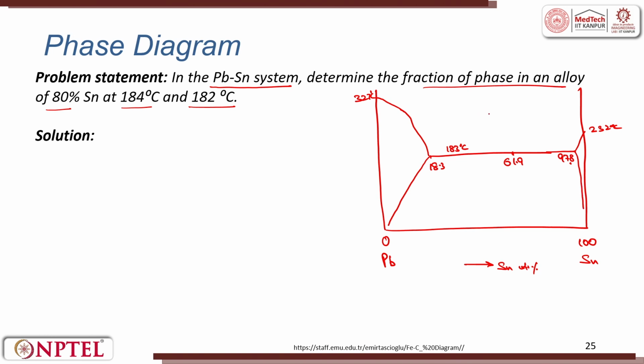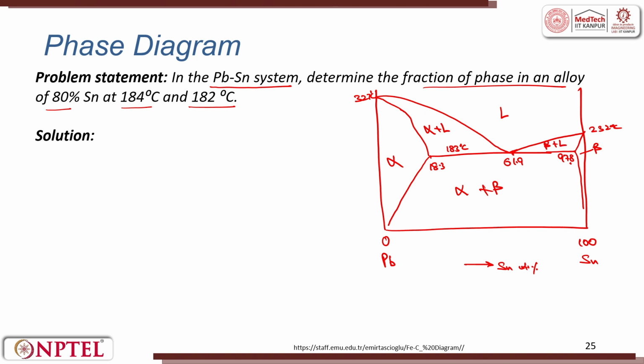So, this is liquid, this I will say alpha plus beta, this is only alpha, this is only beta. Here we have alpha plus liquid, and here we have beta plus liquid.